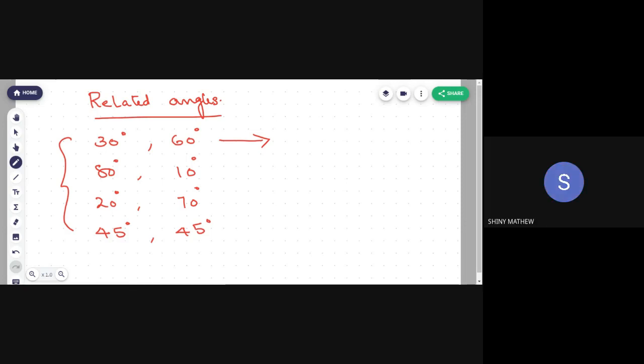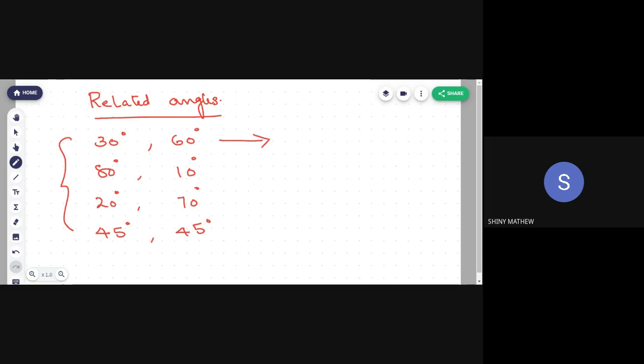Who is saying that the sum of the angles is 90 degree? Who is saying now? Devanand. Okay, that's good. Every time remember to say the answers in English.